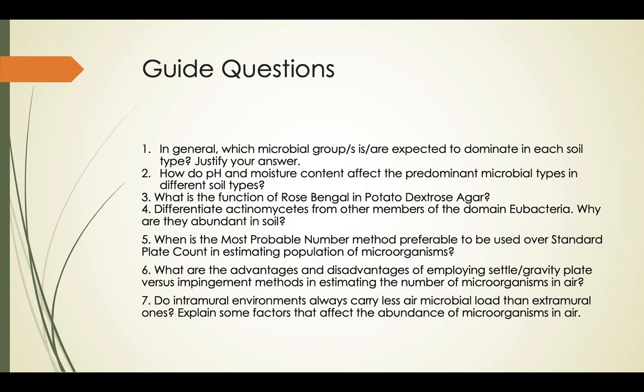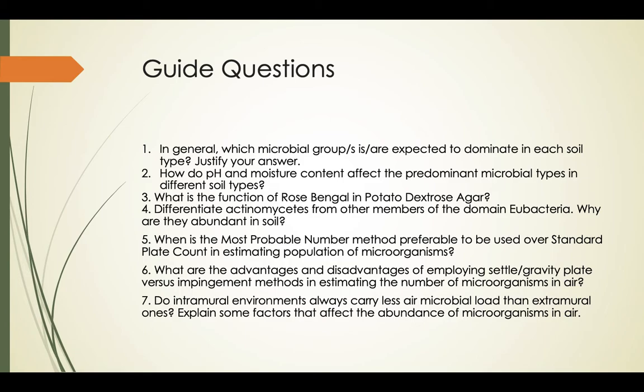And in some types of culture media that contain rose bengal itself, it serves as an enhancement for the growth of the fungi itself. So rose bengal is an enhancer as well for the case of fungi isolation.